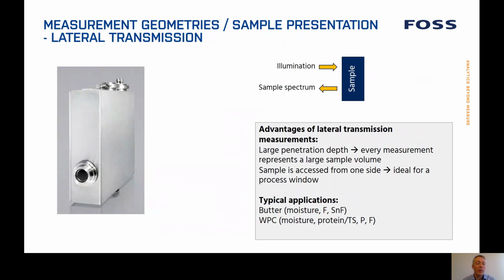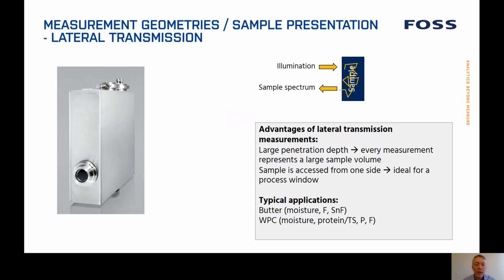A third kind of measurement geometry is so-called lateral transmission. In lateral transmission, the sample is illuminated from one side and the spectrum is collected from the same side but offset from the illumination spot. The measurement principle requires that light is scattered inside the sample, so it's possible to propagate from the illumination point to the sample point.